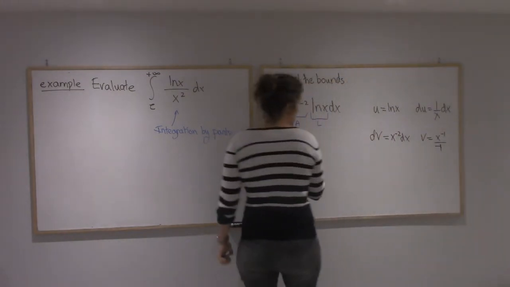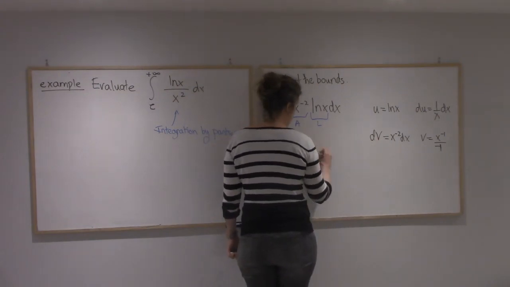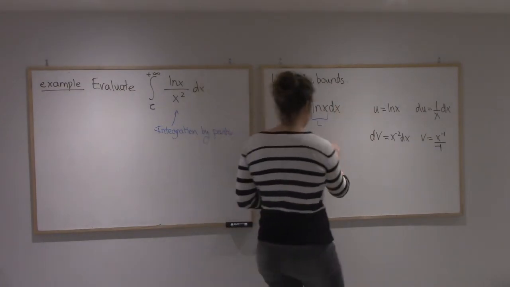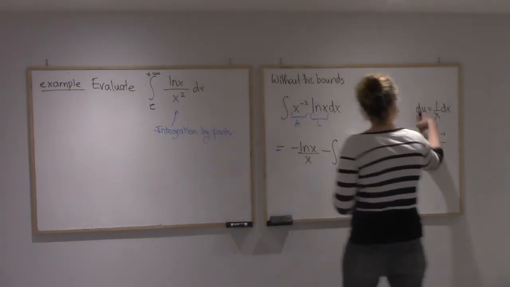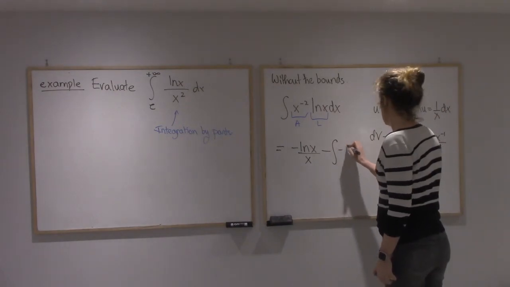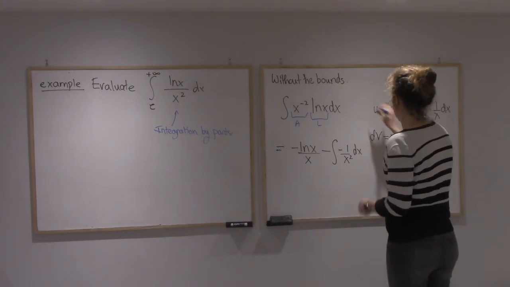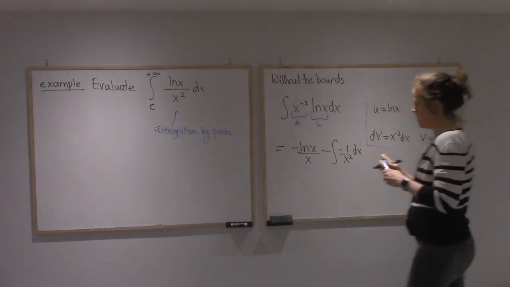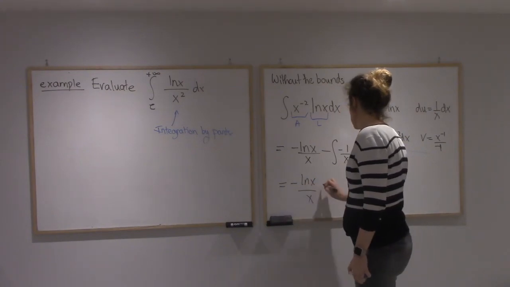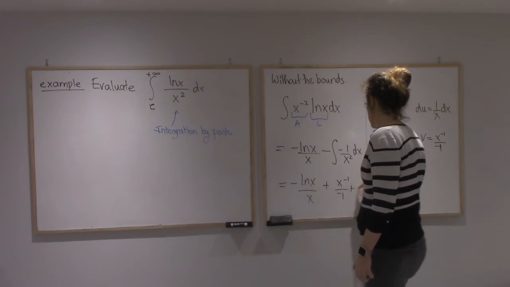Alright, so I get u v, which is minus log of x over x, minus the integral of v du, so minus 1 over x squared dx. And so I get minus log of x over x plus x to the minus 1 over minus 1 plus c.